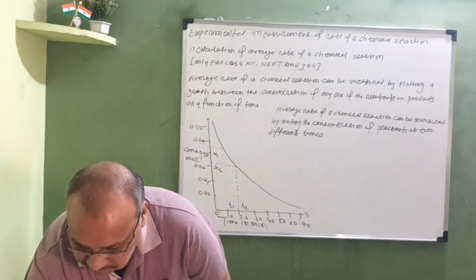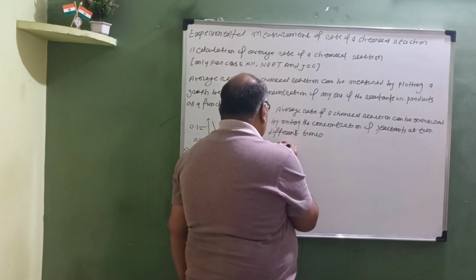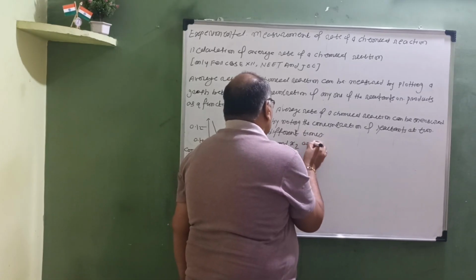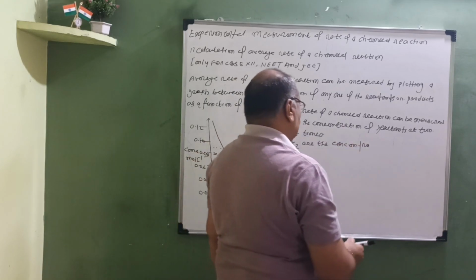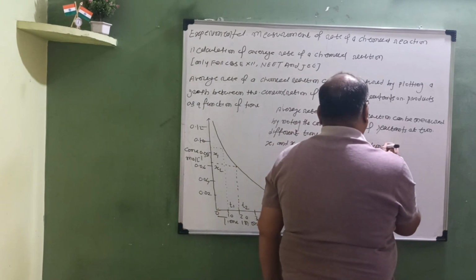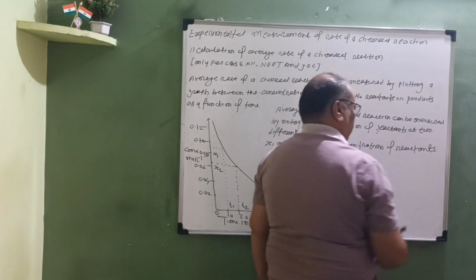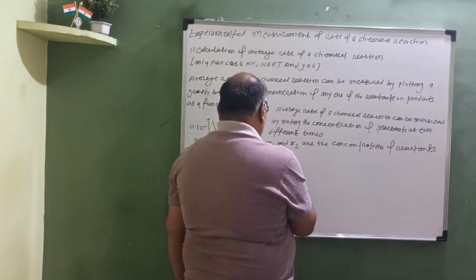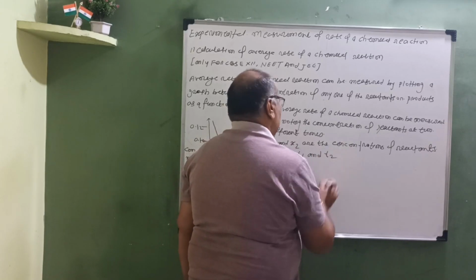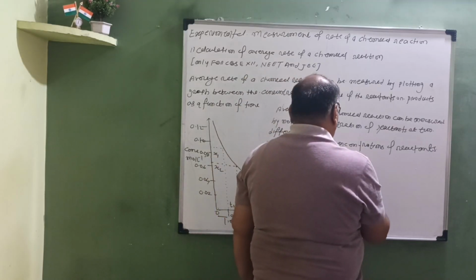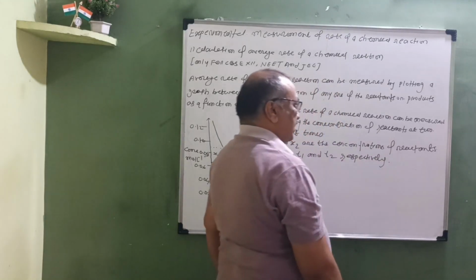That means here X1 and X2 are the concentrations of reactants at time T1 and T2 respectively.